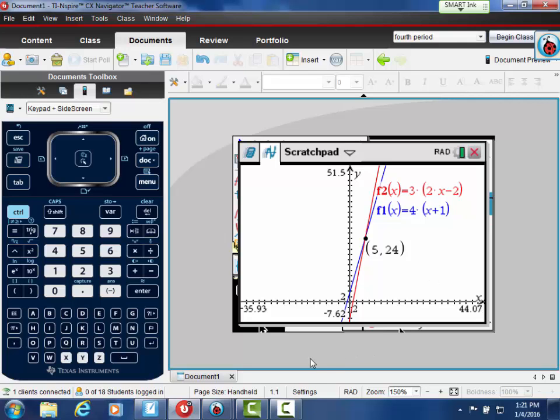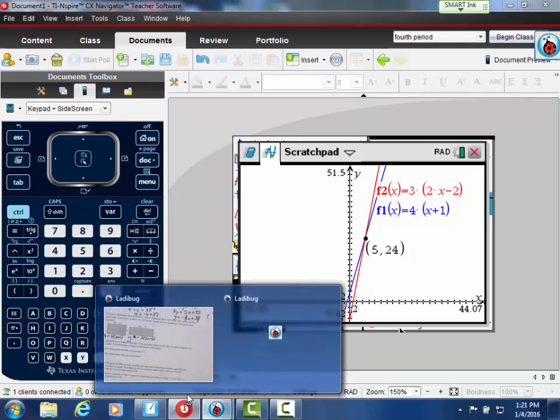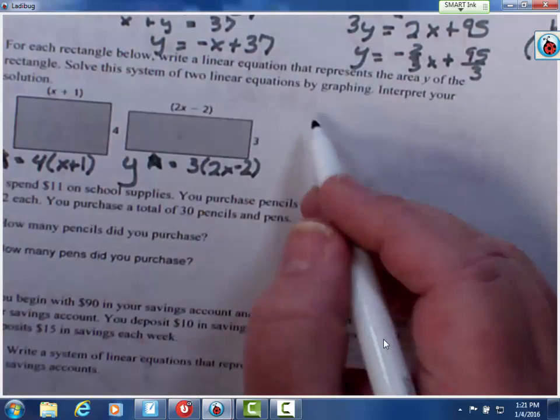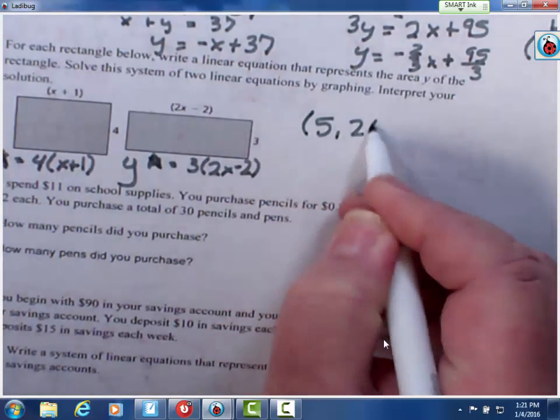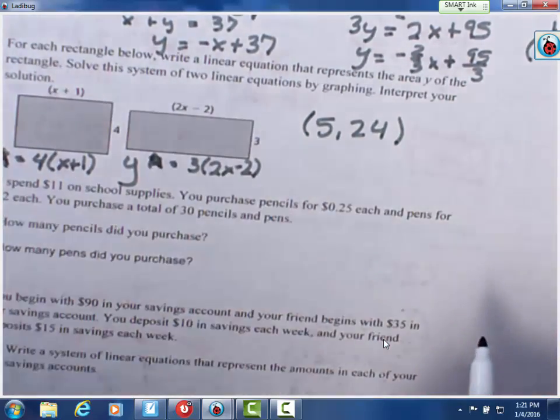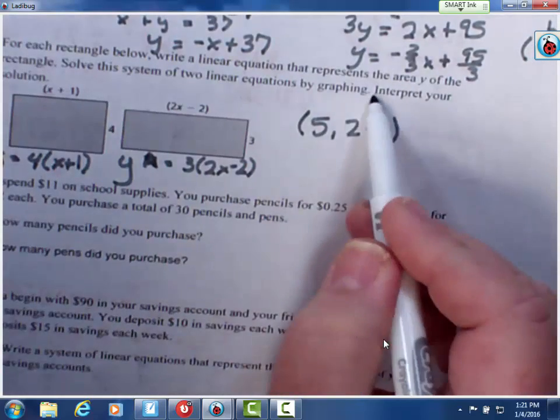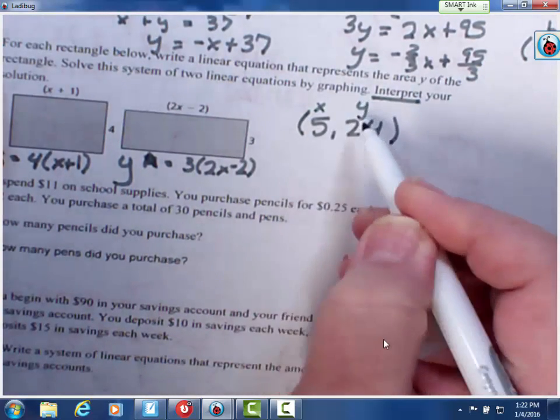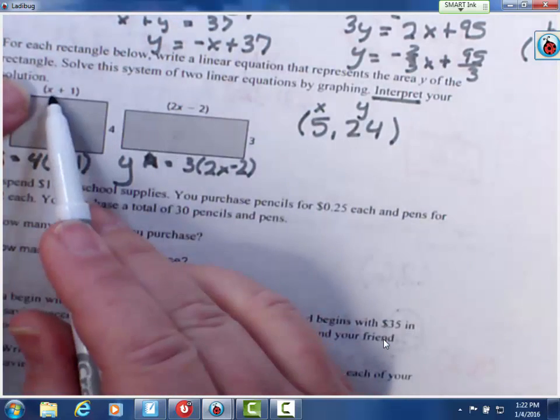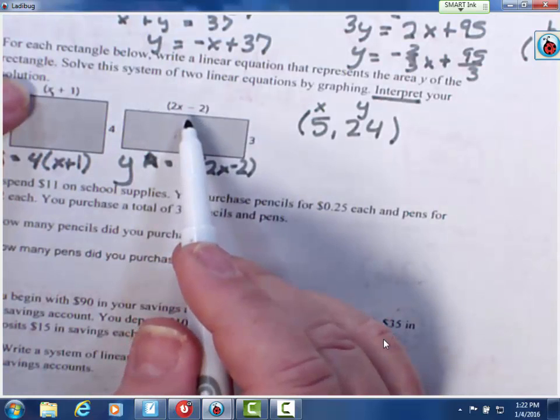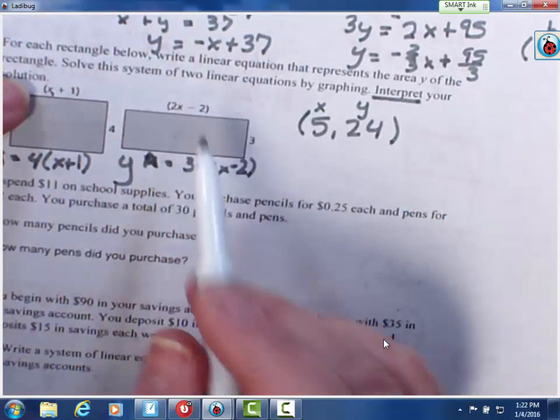Okay. So my coordinate point is 5, 24. So what does that tell me? Okay, because that's the next part. Interpret my solution. Well, this is my x and this is my y, and here x was an unknown side length, or an unknown portion of the side.